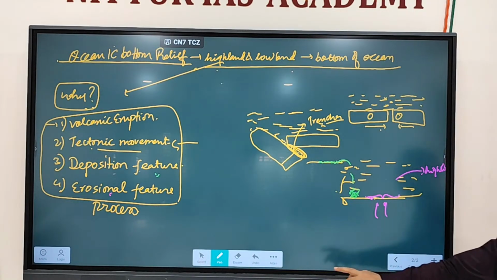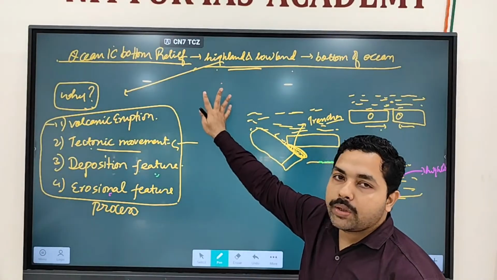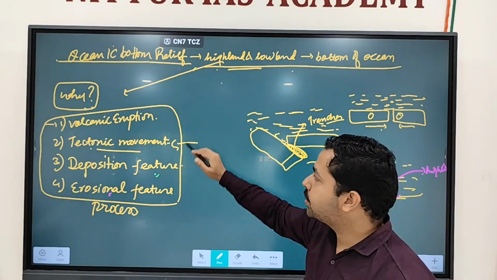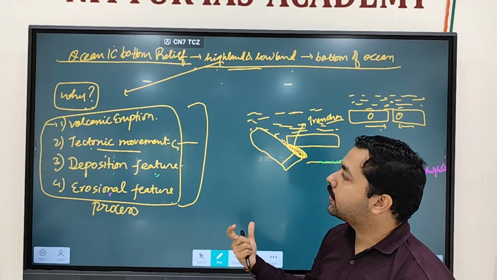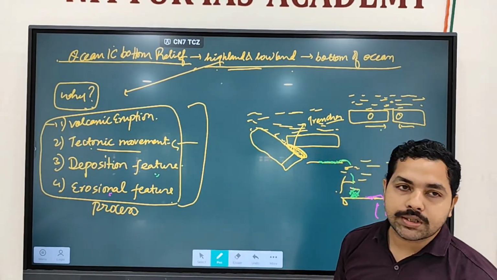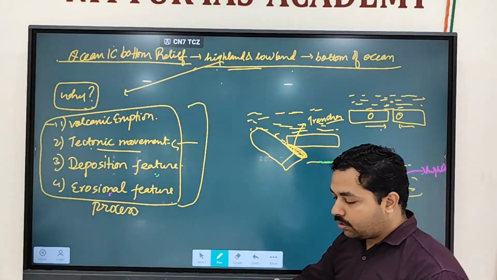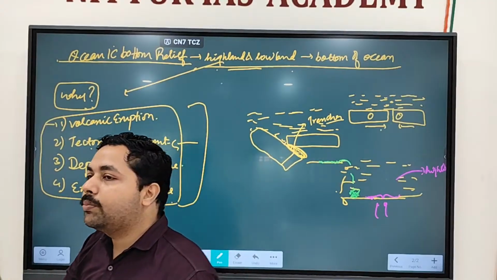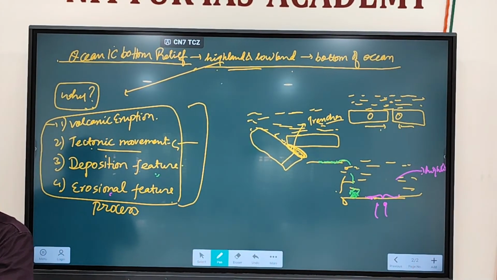Fine. So what you have to keep in mind is that these highland and lowland features being formed at the bottom of the ocean are formed due to these activities: volcanic eruption, tectonic movement, depositional features, or erosional features. So if you have to define oceanic bottom relief, how will you define it?